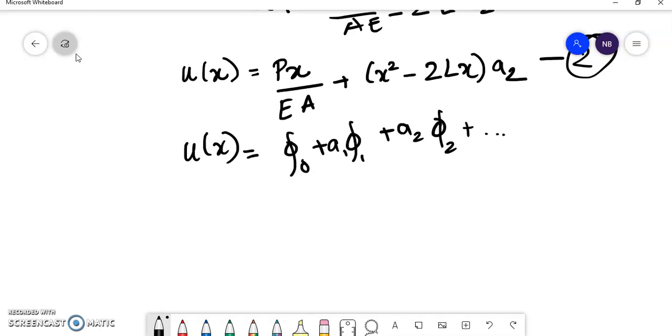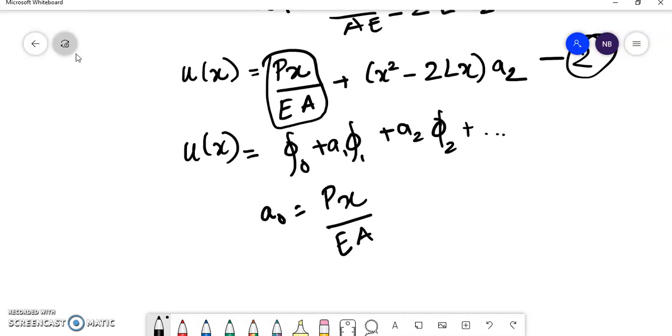Now comparing these two equations, there is a constant term here, that is phi 0, equal to Px upon AE.